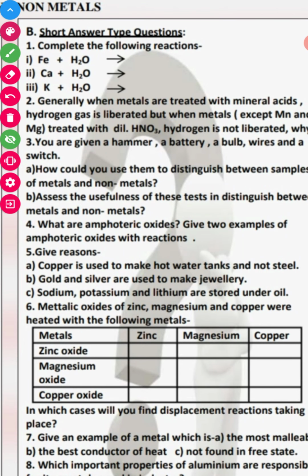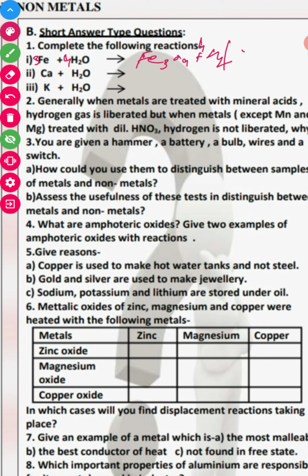First, Fe plus H2O will give you Fe3O4 plus hydrogen. After that you have to balance this. For balancing we have 3 here, 4 here, then 4 for this hydrogen, 4H2 gas.